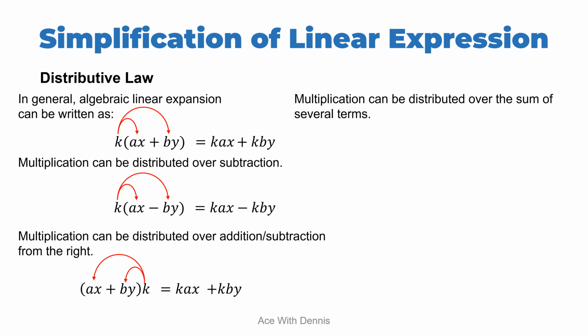Multiplication can be distributed over the sum of several terms. So for example, k bracket ax plus by plus cz. Notice that there are three terms inside the bracket. The concept is still the same. So k times ax, we get kax. K times by, we get plus kby. And k times cz, we get plus kcz.